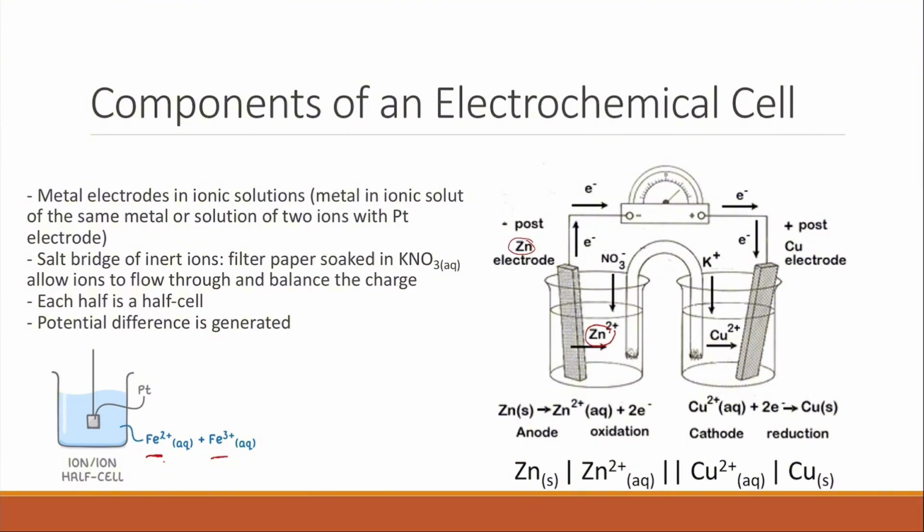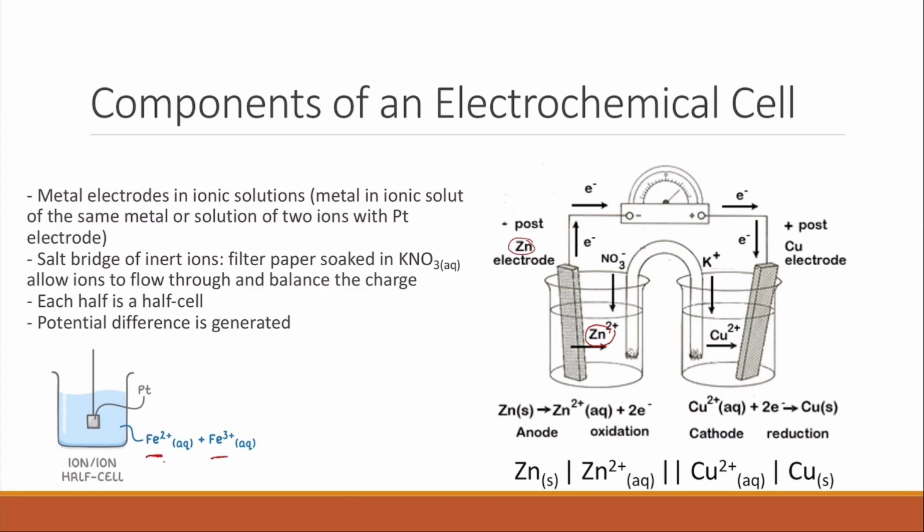By inert ions, we mean ions that will not react with either the first half cell or the second half cell. Basically, it can do substitution reactions, but it doesn't actually undergo any redox reaction with any of these. Something like potassium nitrate, for example. Potassium nitrate ions will not undergo any redox with any of the ions in either of the half cells.